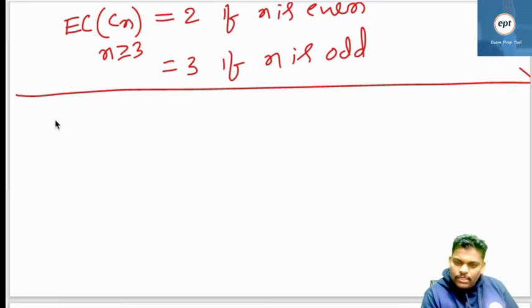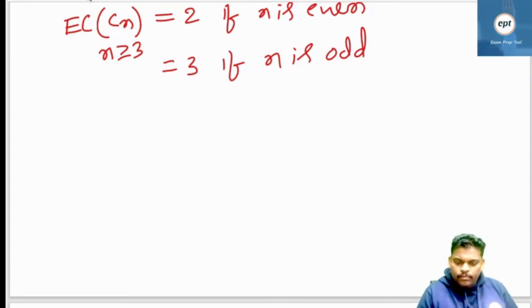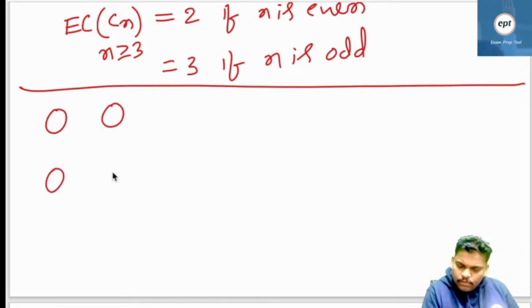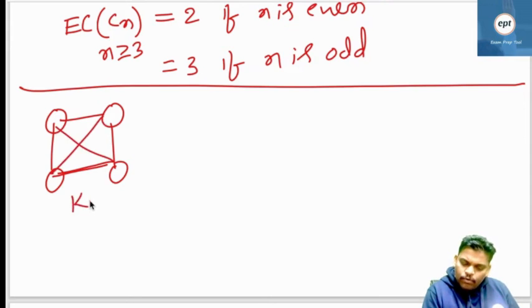Yeah, let's go to one more problem. Can you see this one? It is a K4.